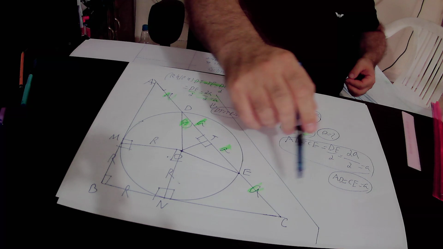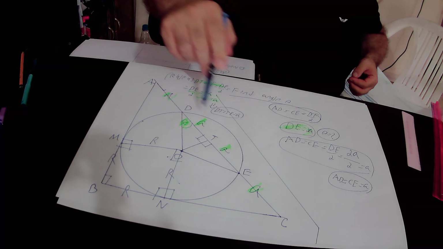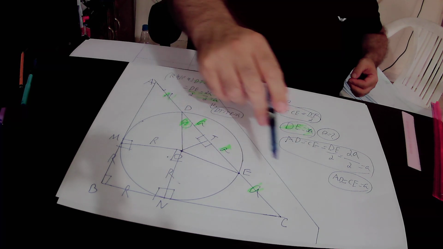According to rule number 10, we get that CN squared equals CE times CD.